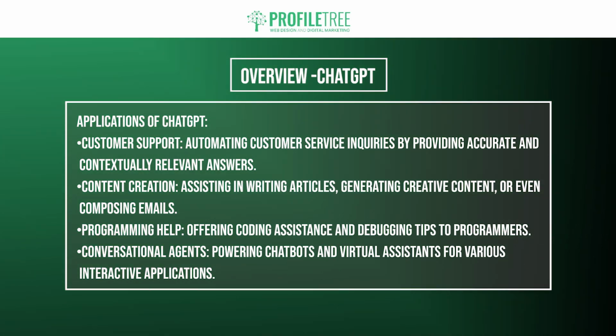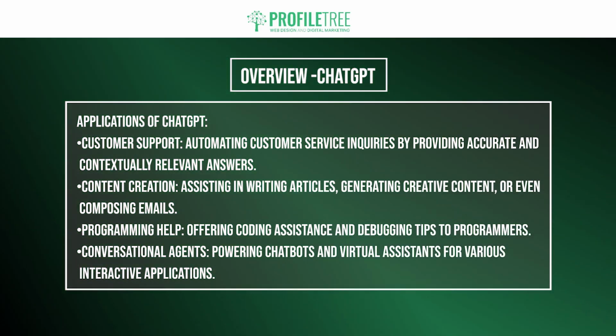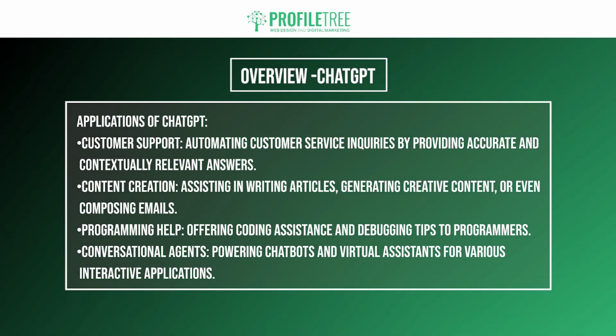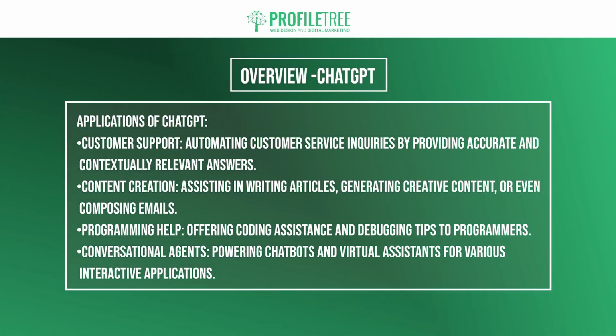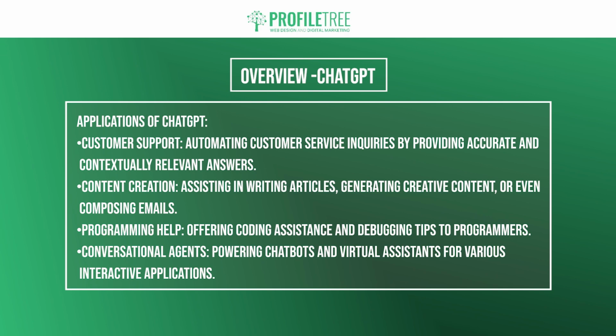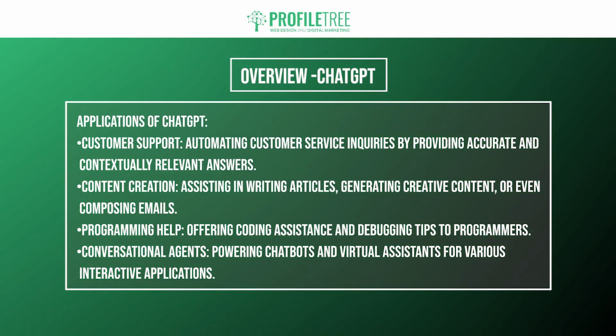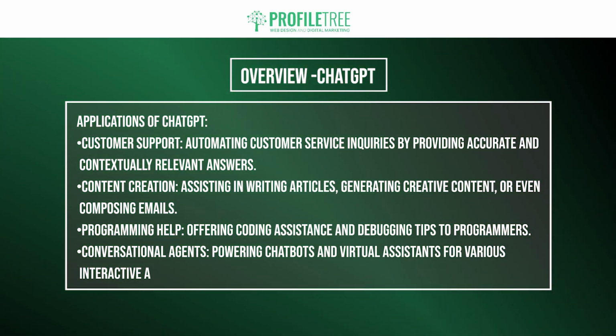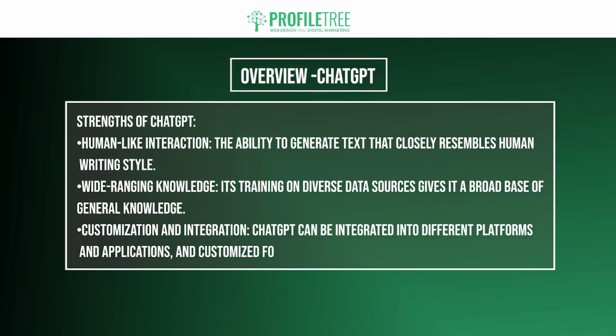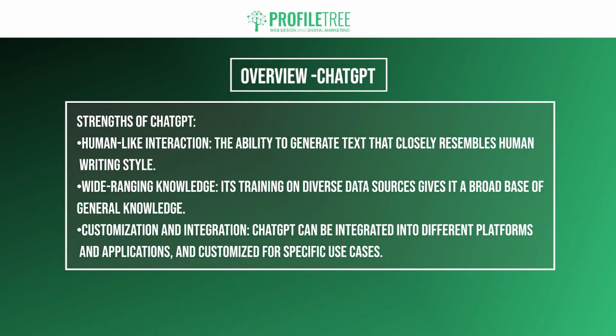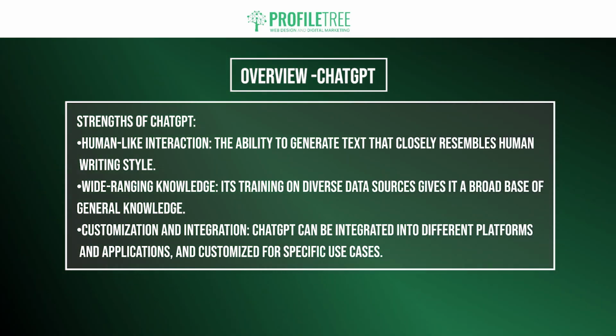Now overall, I would say that ChatGPT is just a great conversational tool to use. You can simply interact with it one-on-one with whatever sort of conversation or topic you want to have. Now going through the strengths of ChatGPT, definitely the human-like interaction.